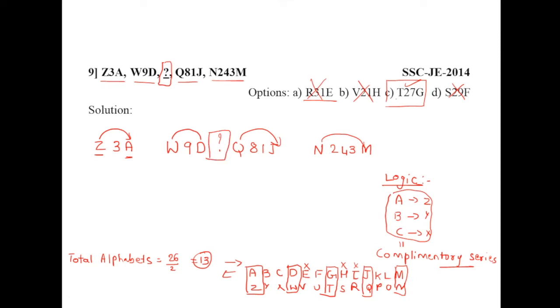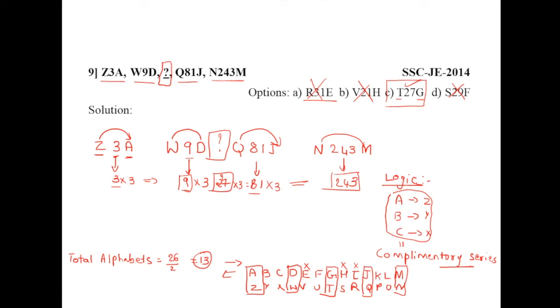Now T and G you understood. What about 27? The number in the first group is 3, in the second group it is 9, in the fourth group it is 81, here it is the question mark, and in the last one it is 243. When you see 3, 9, 81, it is multiplication by 3. 3 into 3 you get 9. 9 into 3 you get 27. 27 into 3 you get 81. 81 into 3 you get 243.